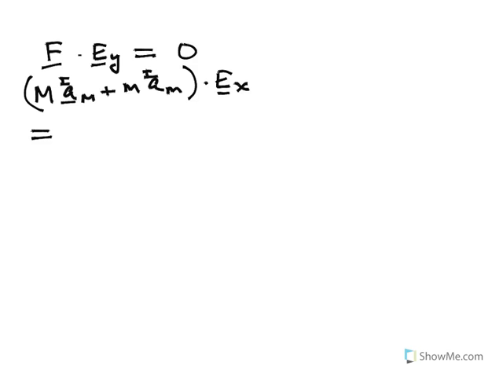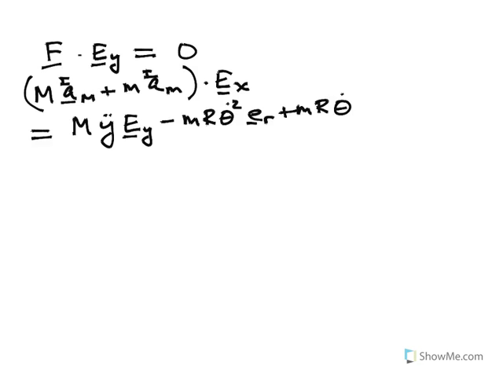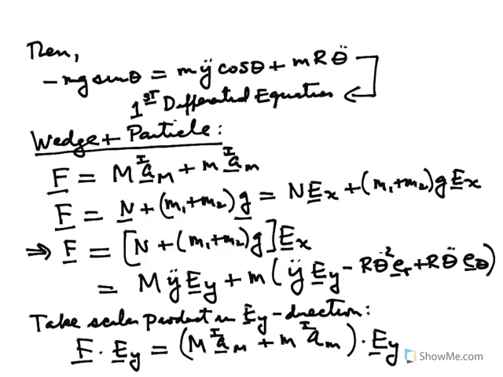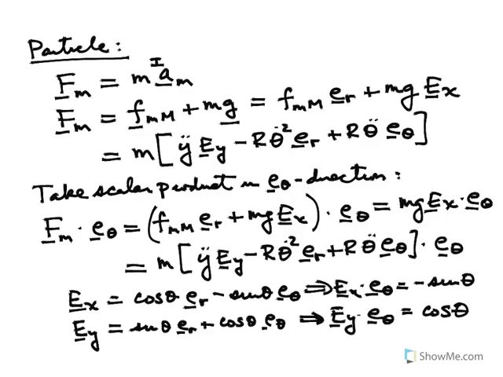We have m y double dot ey, and then minus m r theta dot squared er plus m r theta double dot e theta, the whole thing dotted with ex, which is equal to, well, if you look at this, you'll see that since I'm taking the scalar product with ex, everything in the ey direction winds up dropping out.